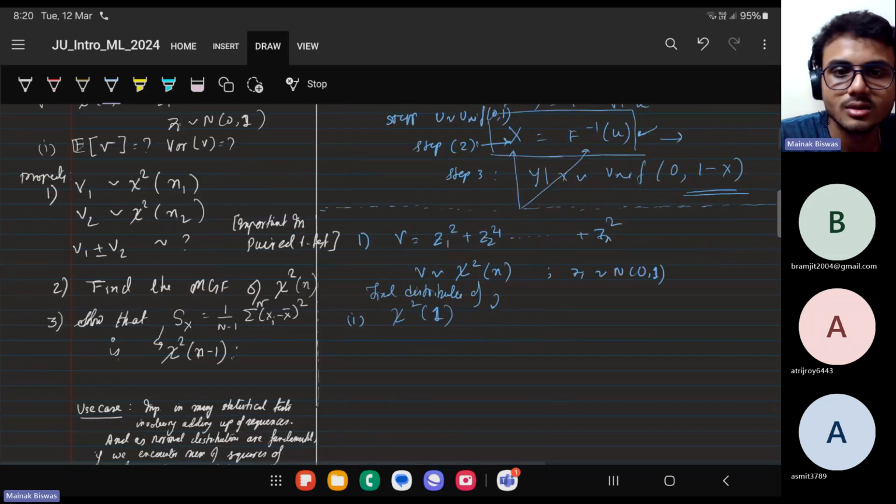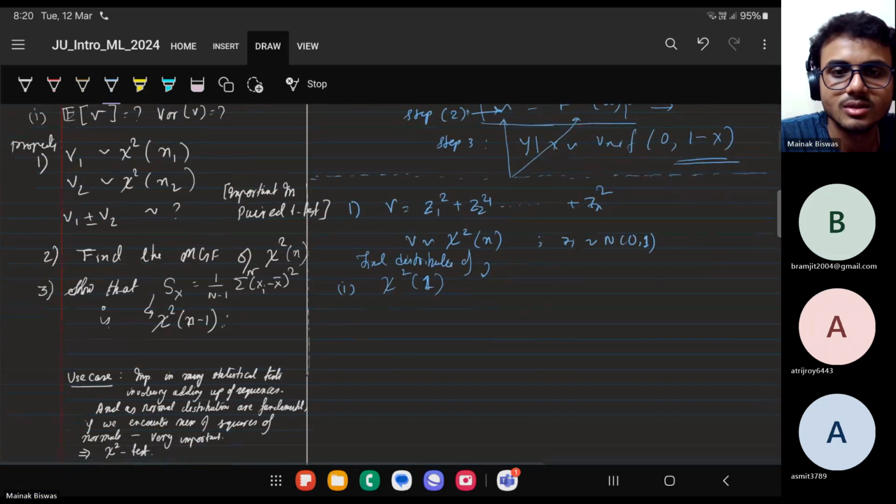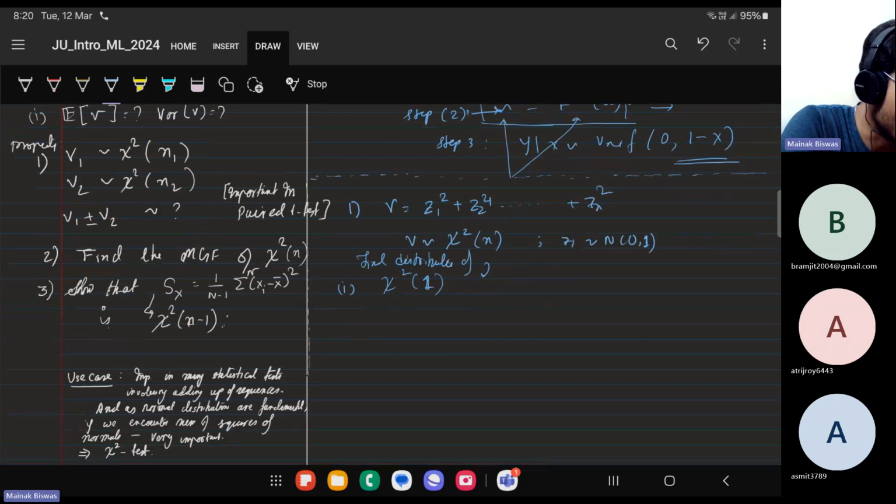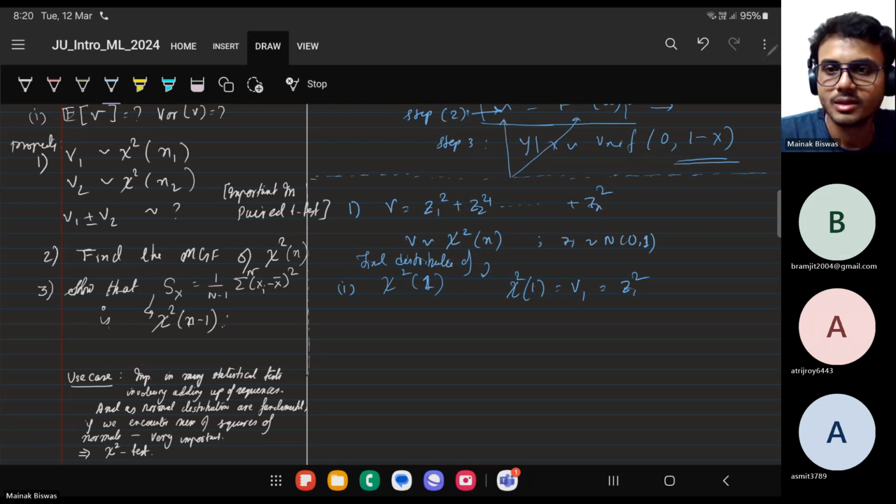If you have been following all along, it is the square of N(0,1). That is it. Good. So chi-square 1, let us denote this as V1, is Z1 square, right? You're okay with it?